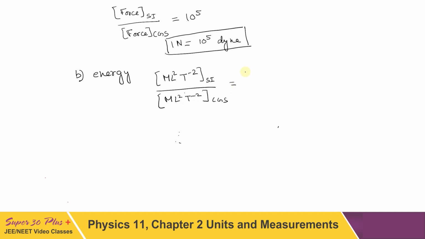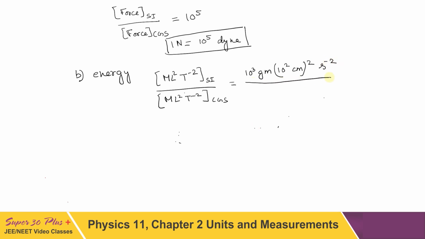So if we write in gram, that would be 10 to the power 3 gram. Similarly, unit of length in SI is meter. So write in centimeter, it would be 10 to the power 2 centimeter. But here it is square of L. So this to be squared. Next is T to the power minus 2. This is second to the power minus 2.